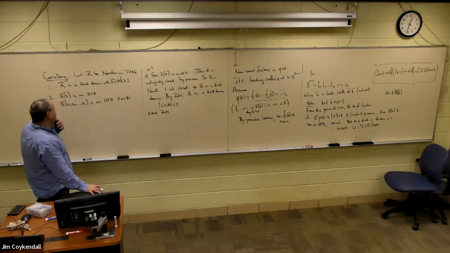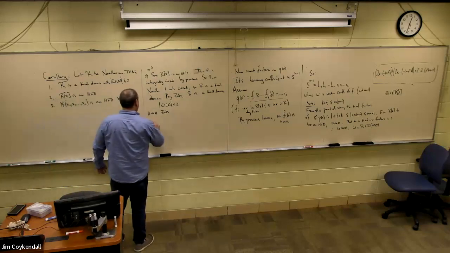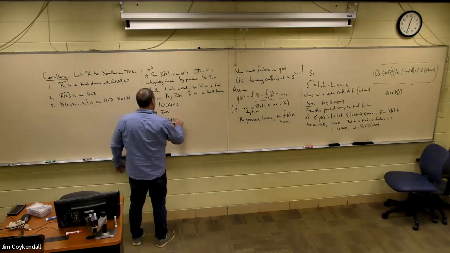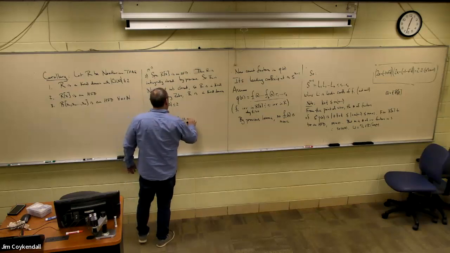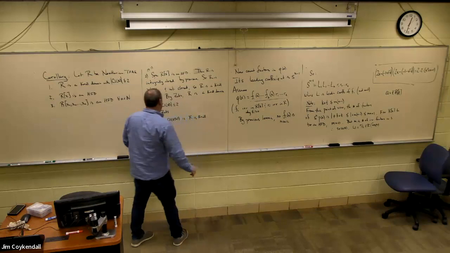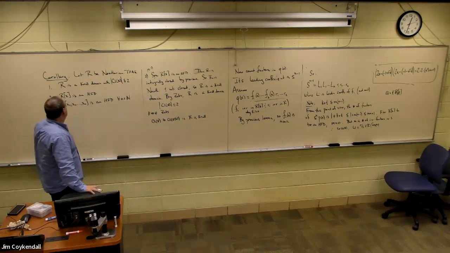Because another fact that I didn't tell you is that if R is a Krull domain, the class groups of R and R[X] are isomorphic.